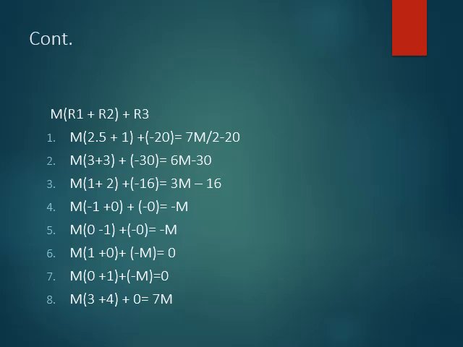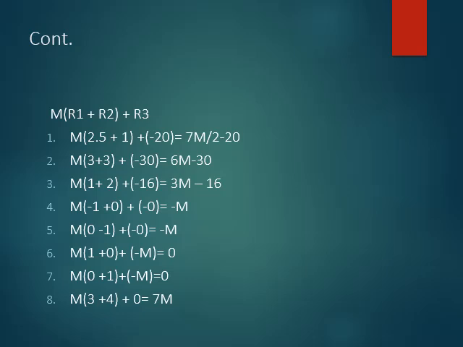M multiplied by brackets negative 1 plus 0 is negative M. M multiplied by 0 plus negative 1 plus 0 is negative M. M multiplied by 1 plus negative 1 is 0.